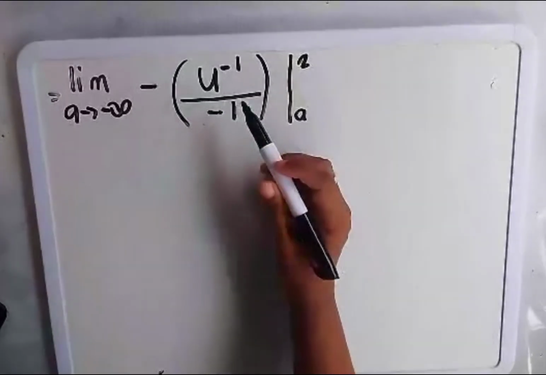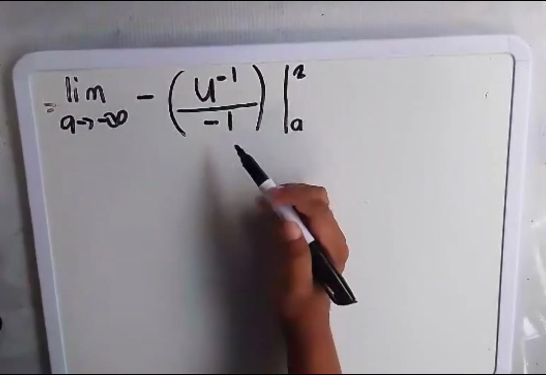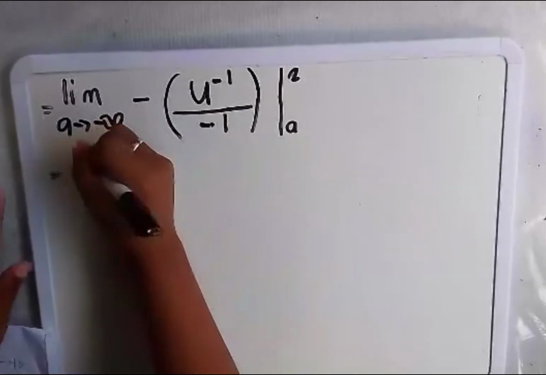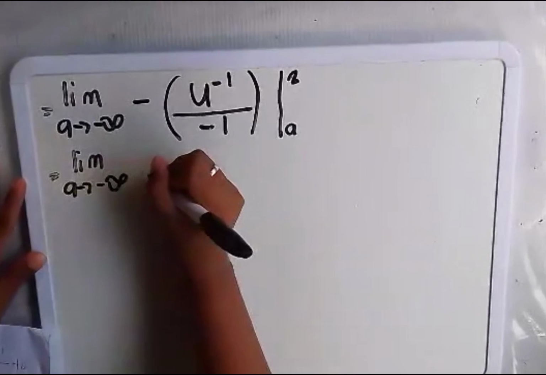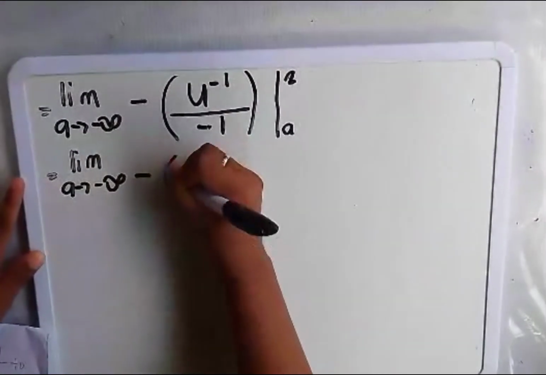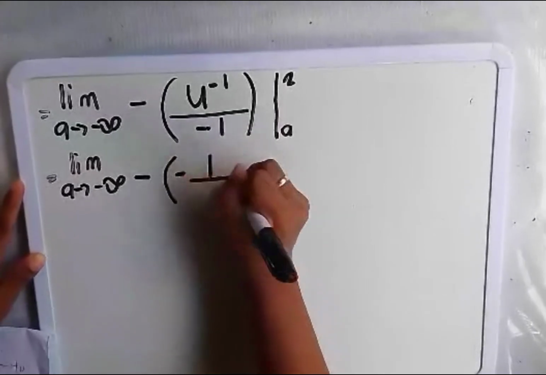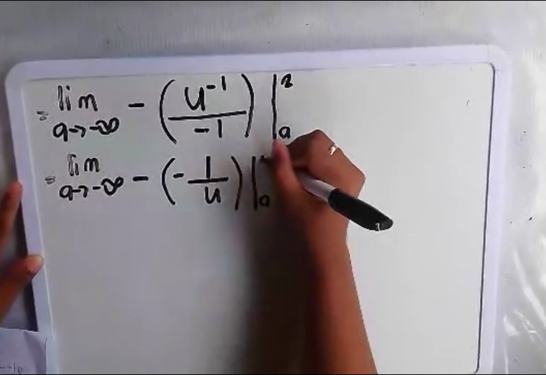And then we get the reciprocal of u raised to negative 1 over negative 1 to make the exponent positive. So we have the limit as a approaches negative infinity, negative times negative 1 over u from a to 2.